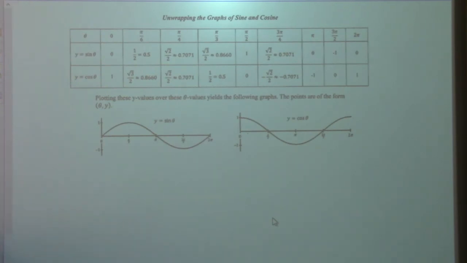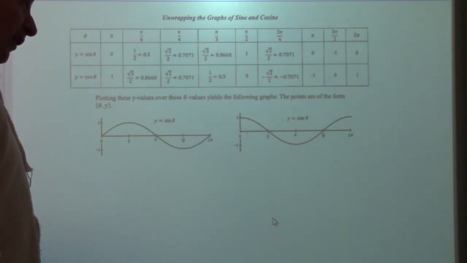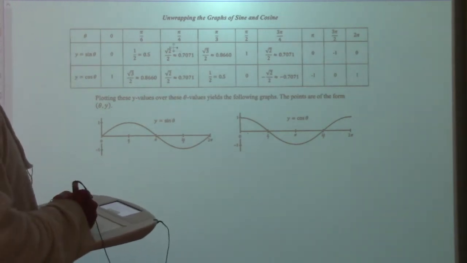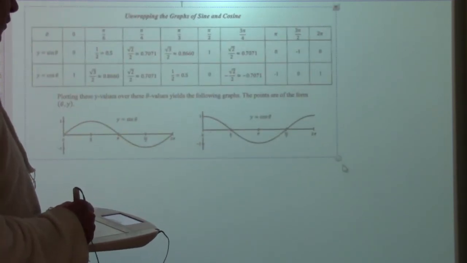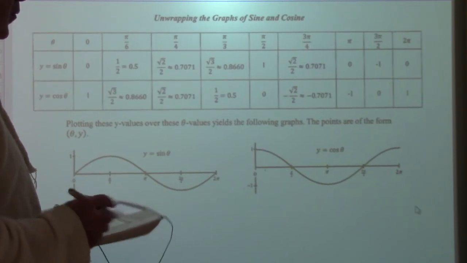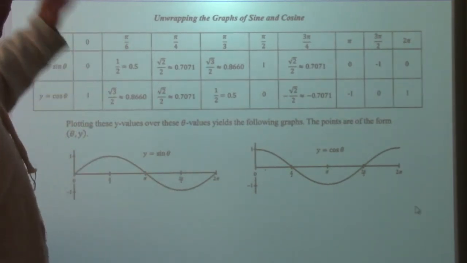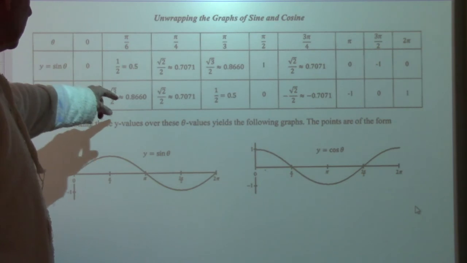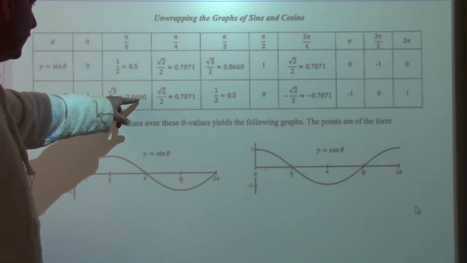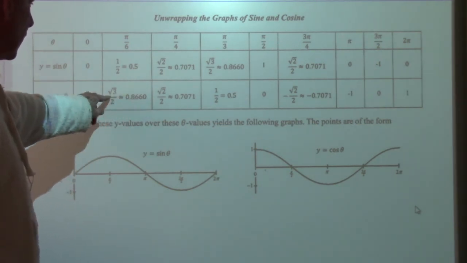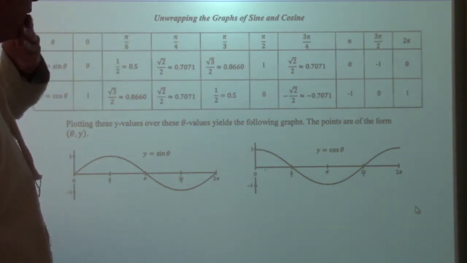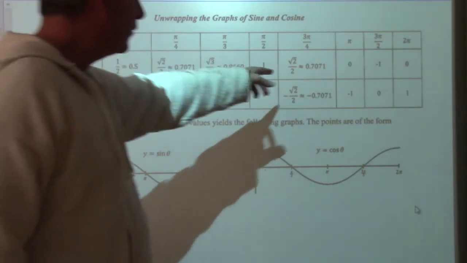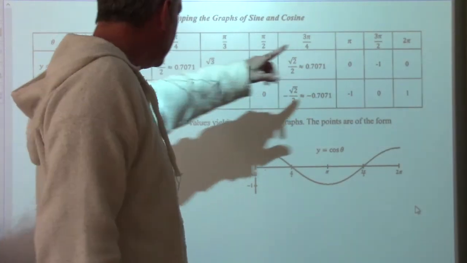Anyway, unwrapping graphs of sine and cosine. What's helpful about this is when you go to a calculator and you enter something, you may not know what it is, but if you see this thing right here, that means it's square root of 3 over 2. So if you recognize what decimals approach that: the square root of 2 over 2 is going to be 0.707.